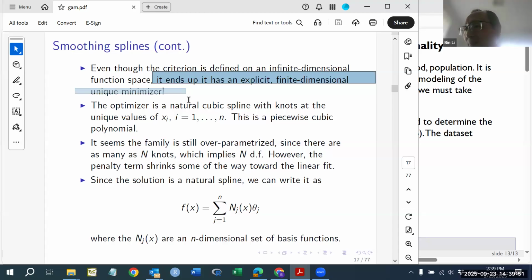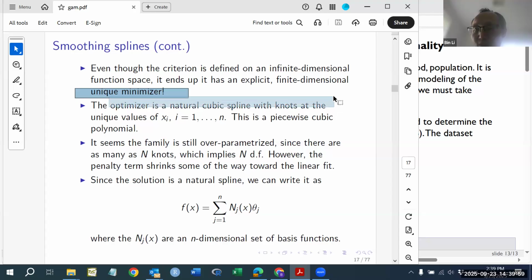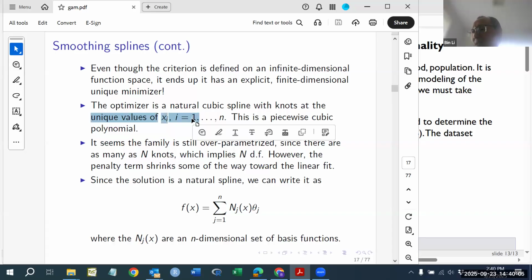And what is that unique minimizer? The unique minimizer is a natural cubic spline with knots at every unique value of x. You see that? The solution is simple and also explicit. Excellent.